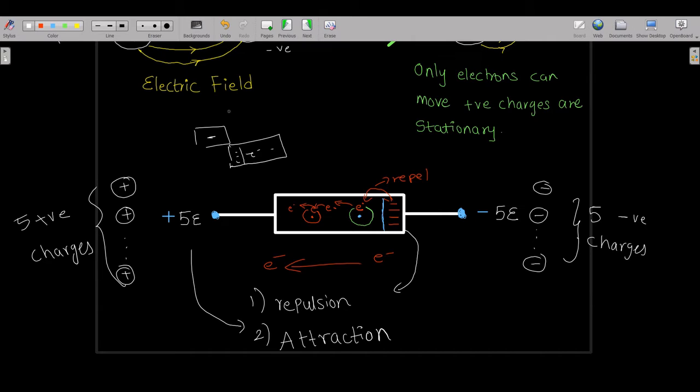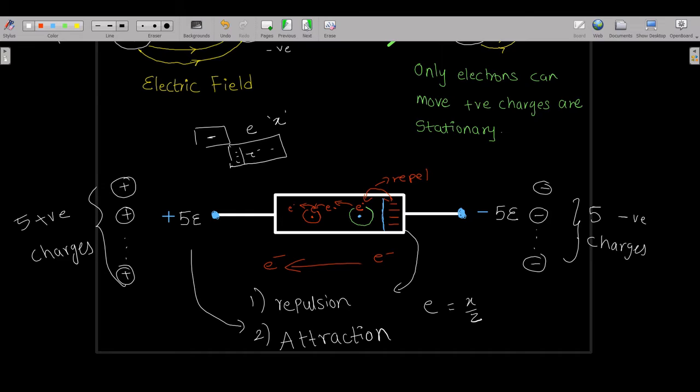But here, if the electron was moving with some speed x, now it is moving with speed x by 2. That means it is taking less time. Electrons are moving very quickly over here. I hope you are getting me.